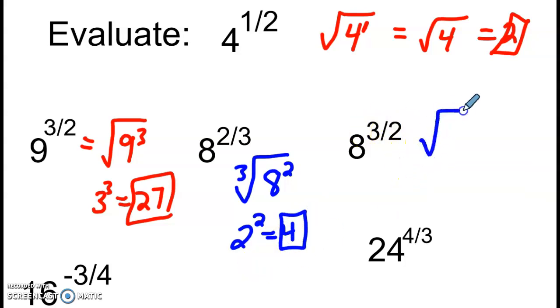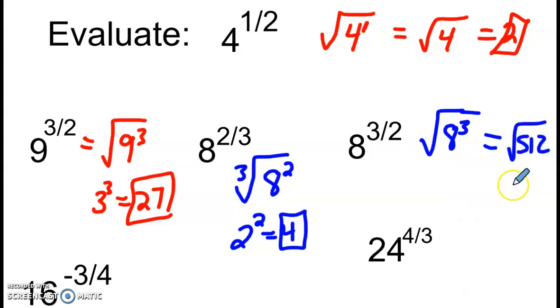8 to the 3/2, we get the square root of 8 cubed. I can't take the square root of 8 evenly, right? It's 2 root 2. So in this case, I might just go ahead and cube it. 8 cubed in my calculator is 512.